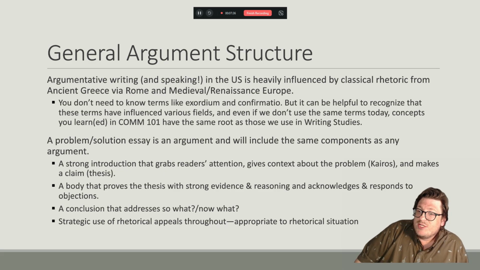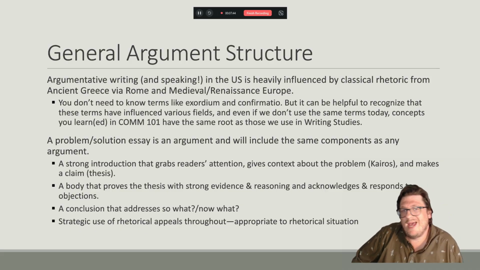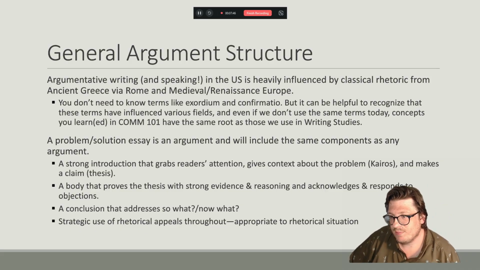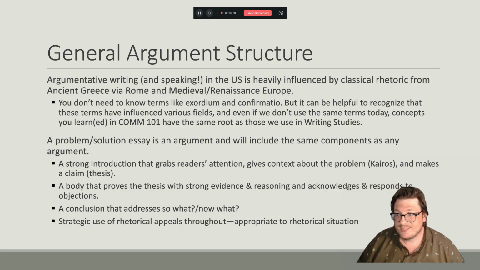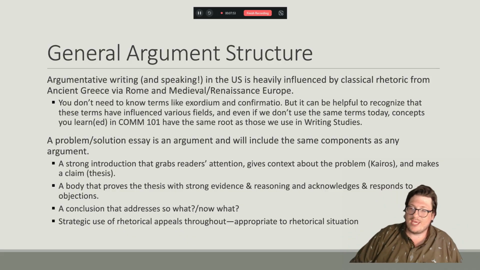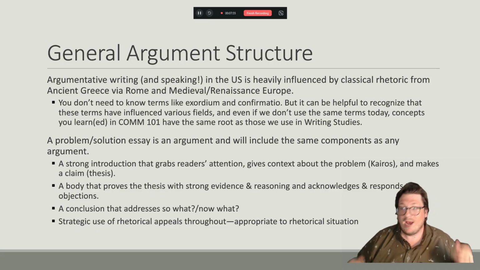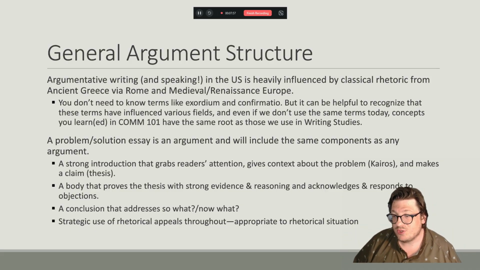Argumentative writing and speaking in the U.S. is heavily influenced by classical rhetoric from ancient Greece via Rome and the medieval and Renaissance Europe. You might have heard of Plato, Aristotle, these kinds of guys from ancient Greece. They came up with this field of rhetoric, of how do you actually persuade people to do something.